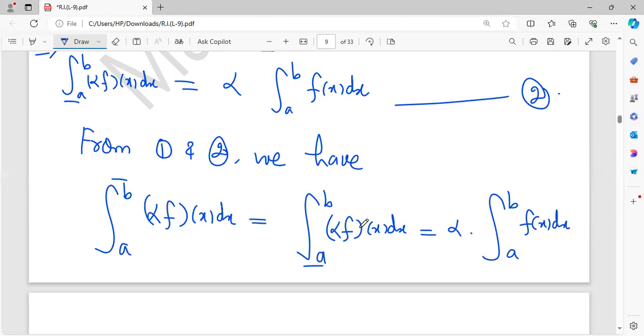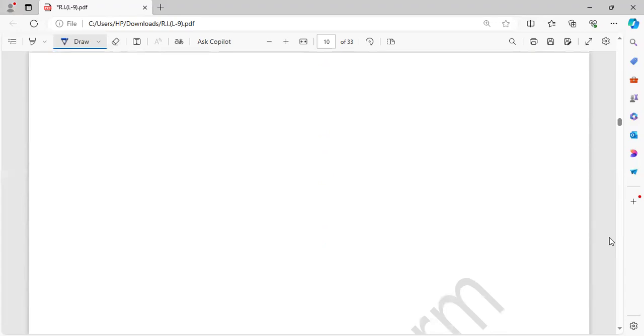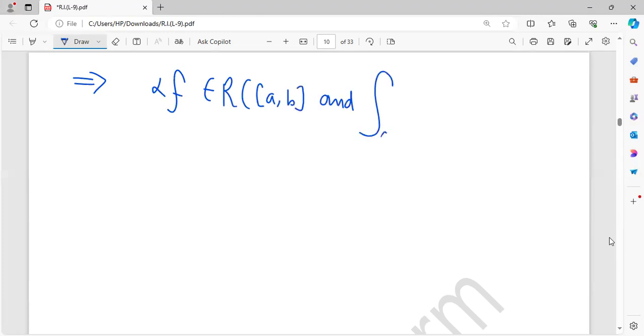Because lower integral equals upper integral, alpha f is Riemann integrable, and the integral of alpha f is alpha times the integral of f. So alpha f belongs to R[a, b], and the integral of alpha f(x) dx equals alpha times the integral of f(x) dx. So this is the proof.